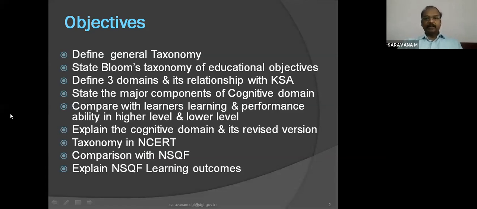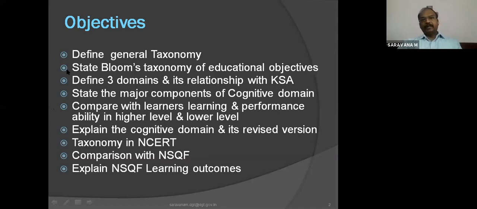Explain the cognitive domain and its revised version. Then taxonomy in NCERT, National Council for Educational Research and Training. Then comparison with the NSQF, National Skill Qualification Framework. Then explain NSQF learning outcomes. So these are the main intended learning outcomes after completing this session. So one by one, let us see.